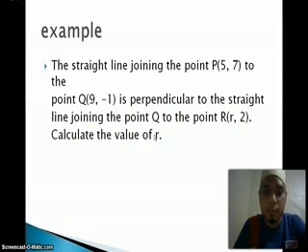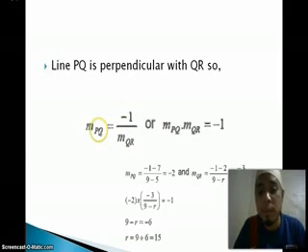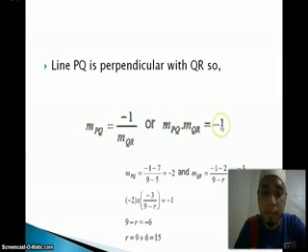Alright. From the question, we already know that it is a perpendicular line. So we just use the earlier equation, which is m PQ equals negative 1 over m QR, or we can multiply m QR with m PQ and we will get negative 1.